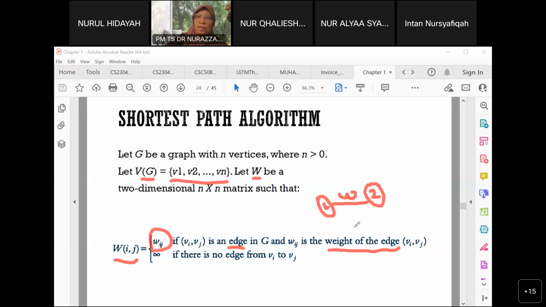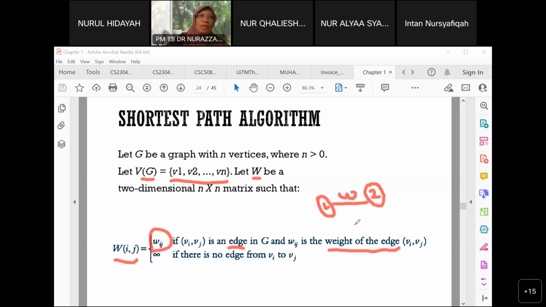That means pemberat dia. Okay, that means berapa the weightage can represent, weightage ni maybe represent the distance between city, one city another city kan, sebab dia nak cari apa shortest distance dia. Okay, and then it can represent cost, money.